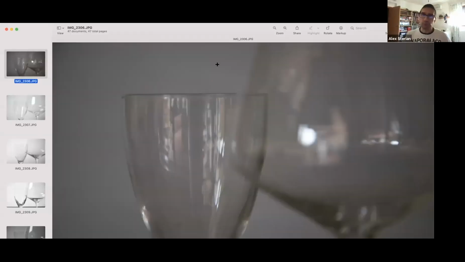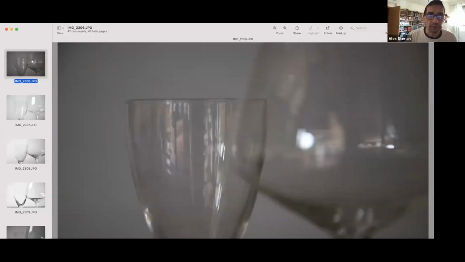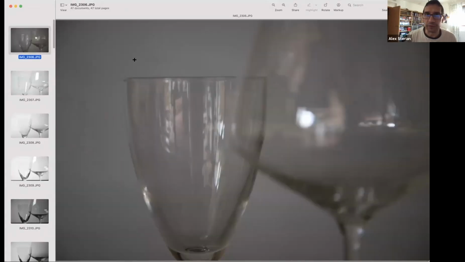So when we shoot or photograph, sorry, I just need to bring it up higher. When we shoot or photograph a transparent object like glasses, we have to pay attention to how the light sources around us will be seen or reflected by this shiny surface.